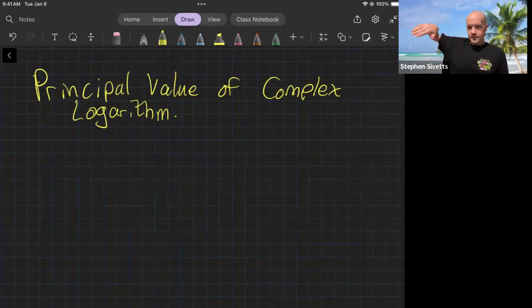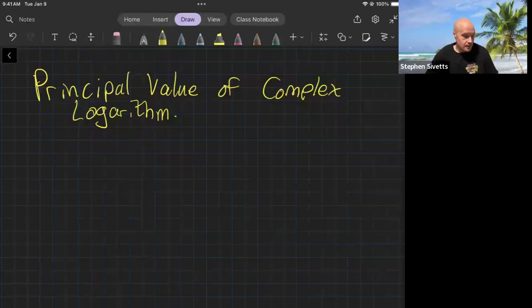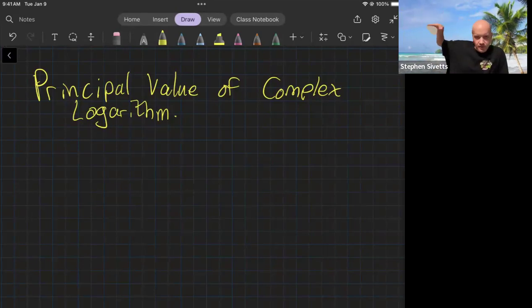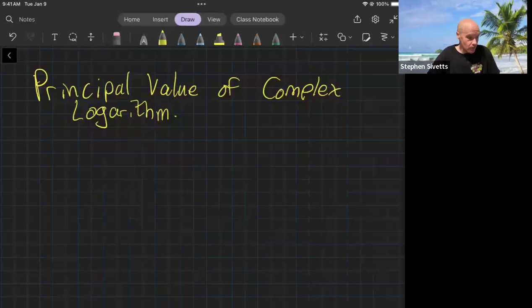So with the logarithm function, you'll have the same result if we have an angle, and if we rotate it 2 pi radians clockwise or counterclockwise, or even a multiple of 2 pi, right? So what we need to do is figure out what's called a principal branch.